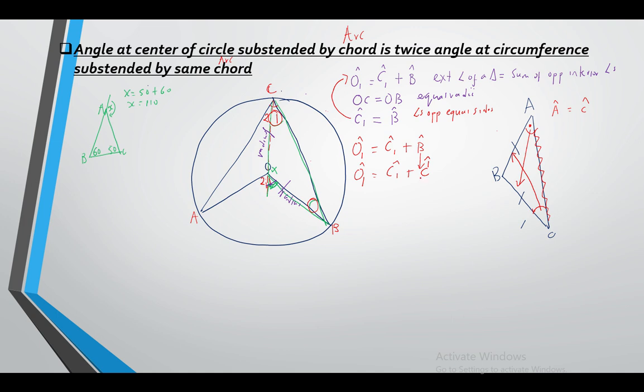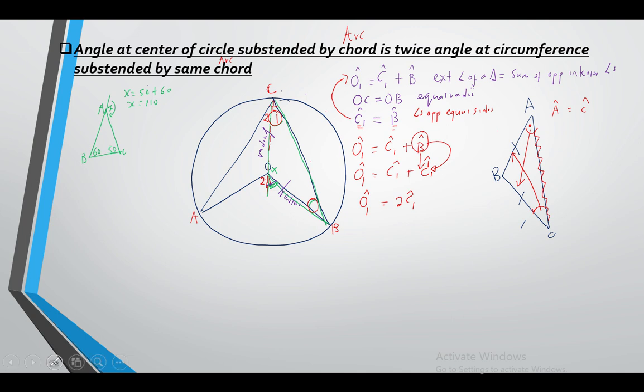Substitute angle B with C1 because we said B and C1 are equal. So where we see angle B, we can put C1. Now your equation becomes O1 is 2C1. You add C1 with C1, you get 2C1. So the angle O1 is twice the angle C1.